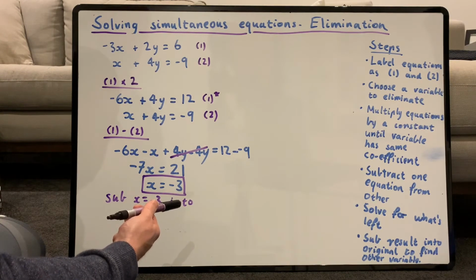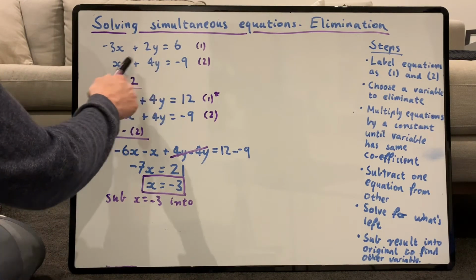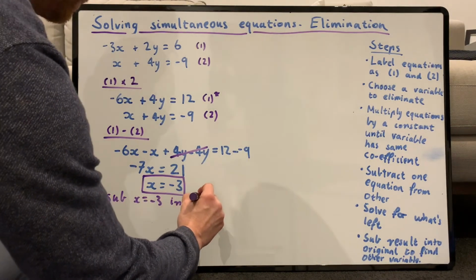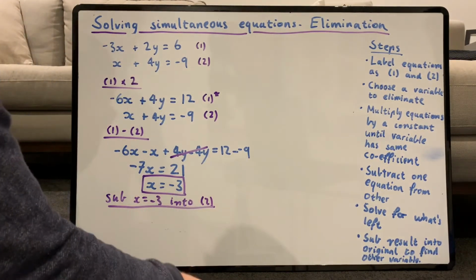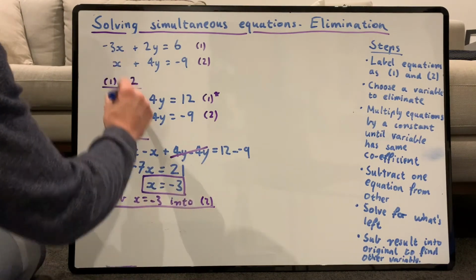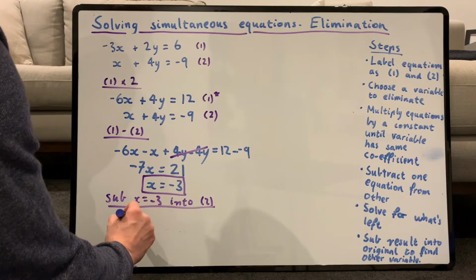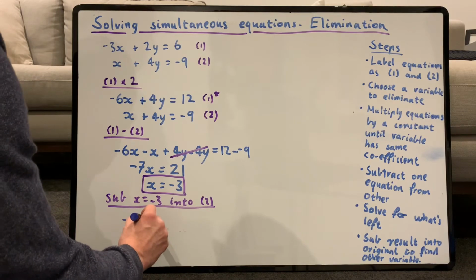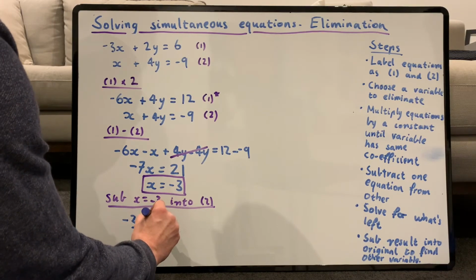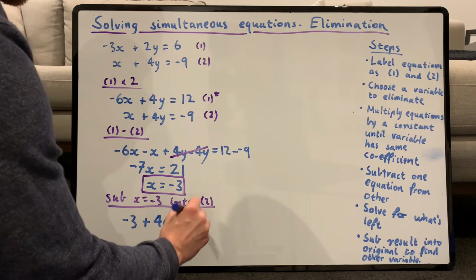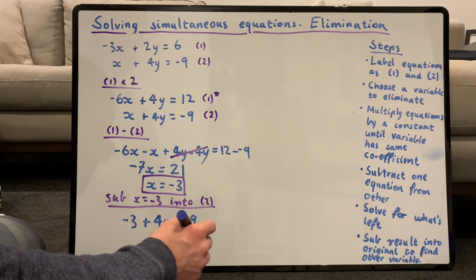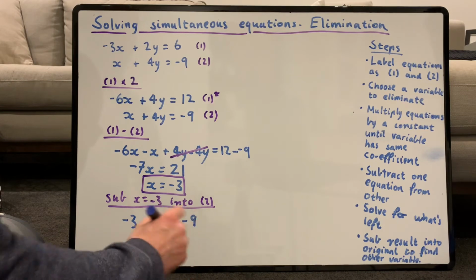And I'm gonna pick number 2 because these numbers are both positive. Let's see what we get. x is negative 3, so that's just negative 3, plus 4y equals negative 9. Okay, that's not too bad.